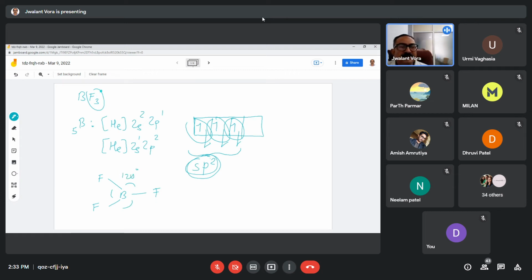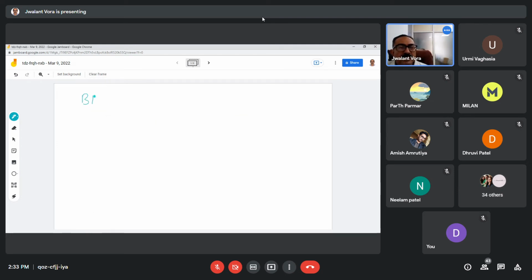Let us try to understand the shape of the BF4 minus ion. So boron, I'm directly writing: ground state, helium 4, 2s2, 2p1; excited state, helium 4, 2s1, 2p2; and boron minus, helium 4, 2s1, 2p3.